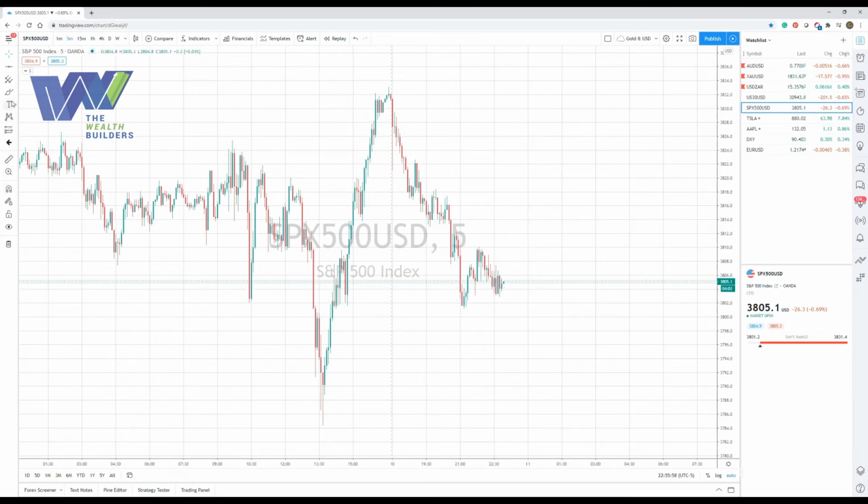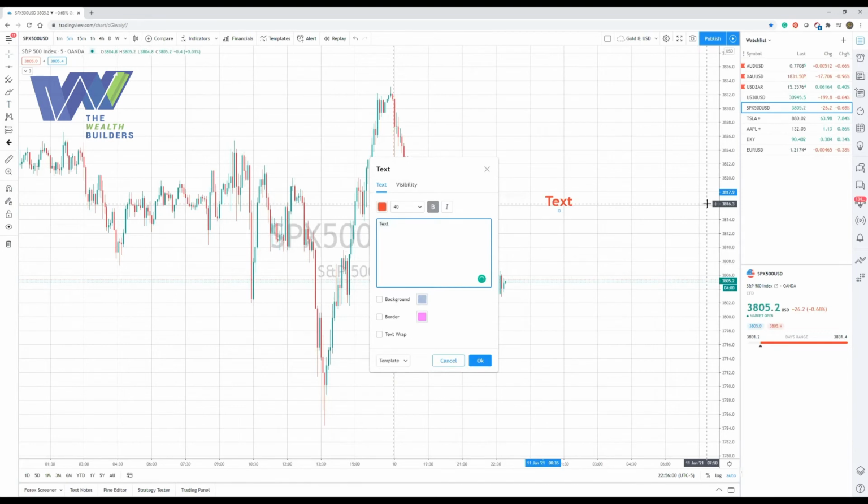So if I wanted to catch 20 pips, and the price say is 3805.00, if I wanted to catch 20 pips going up, then the price would be 3825.00. That's 20 pips in a buy.